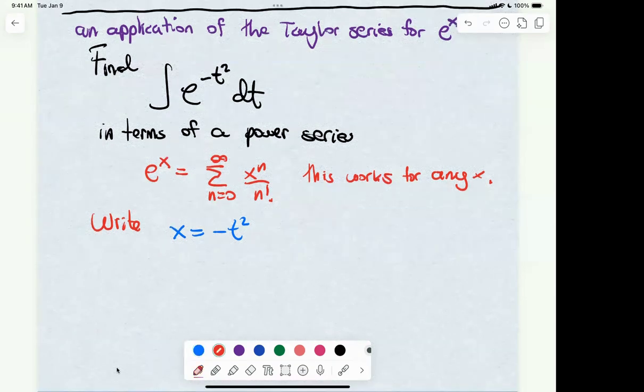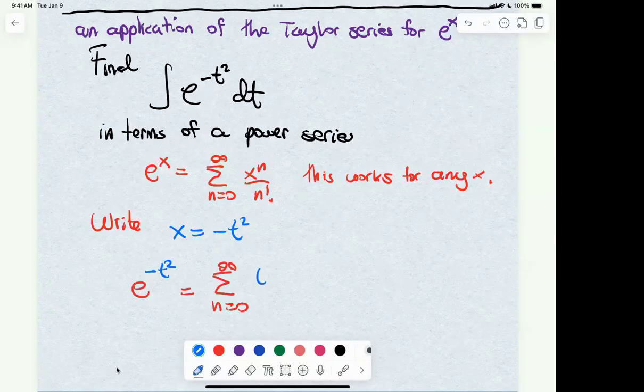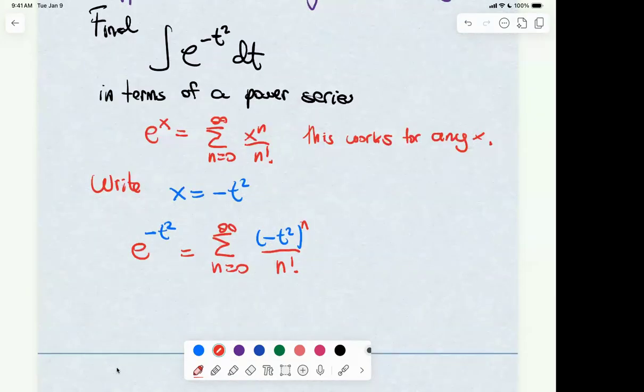And if you want to write this a little bit better, you can take out the negative as a negative one to the n.